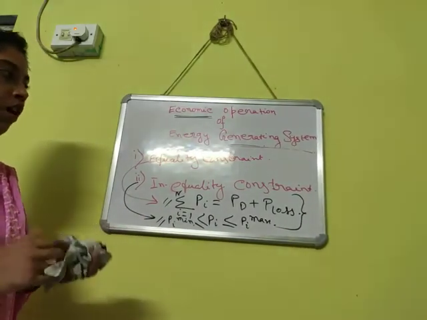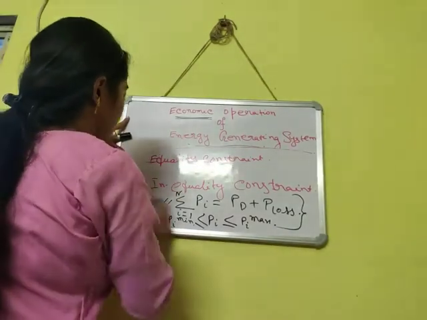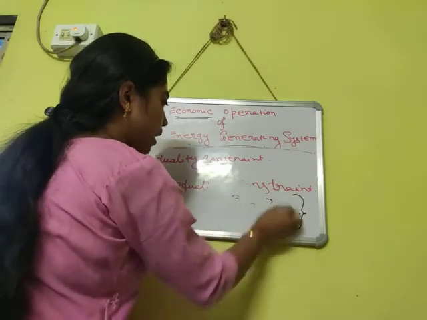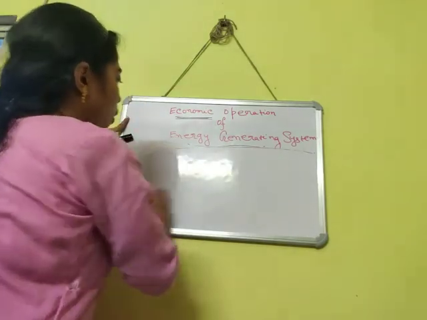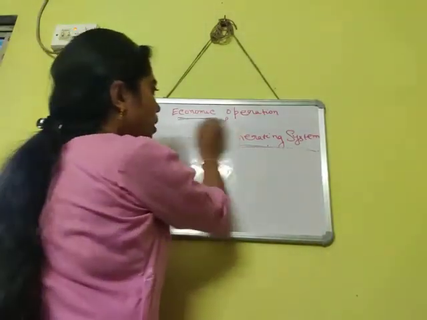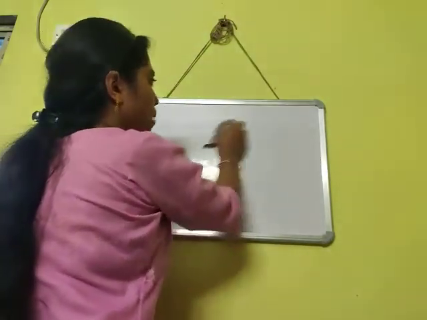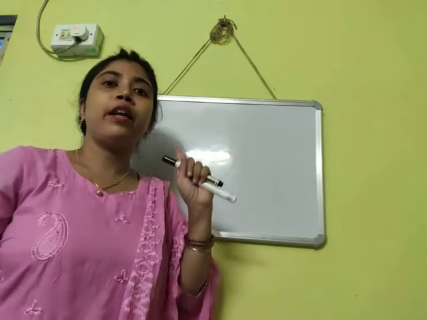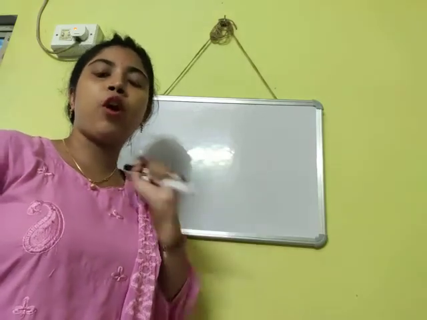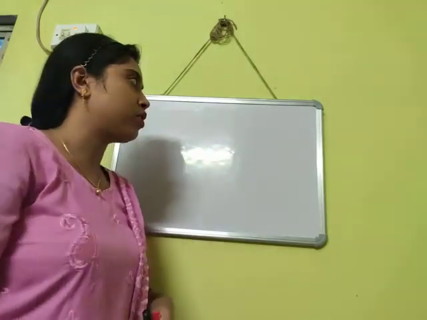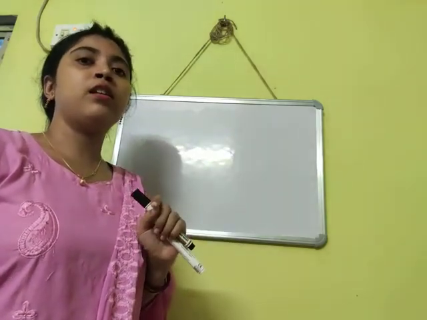Then I am moving to my next point, that is the analytical approach: how we minimize the cost function of the thermal generating unit without considering losses. I am repeating it once again. The next target is the minimization of that objective function, that means the cost function, when we do not consider the losses.